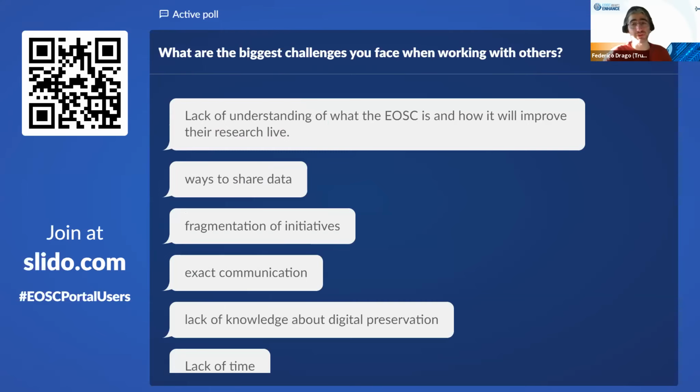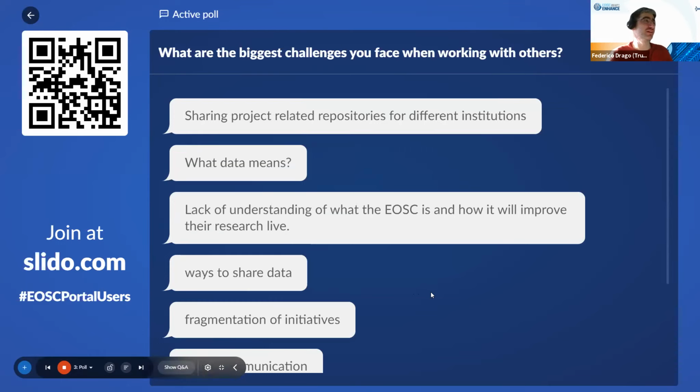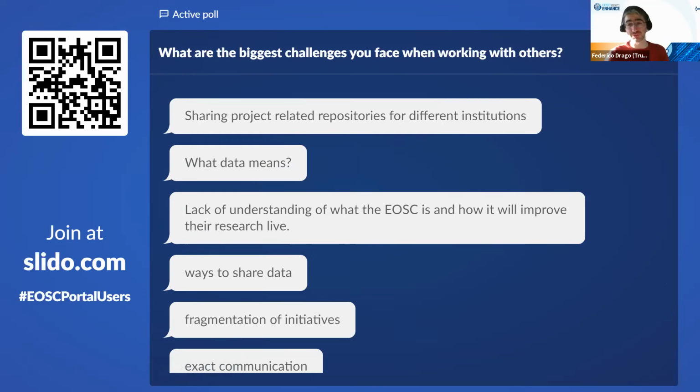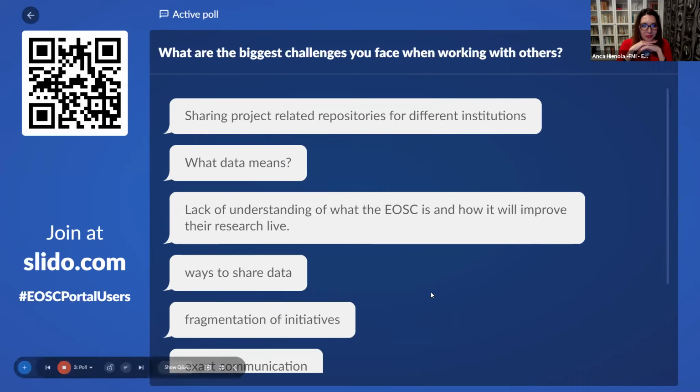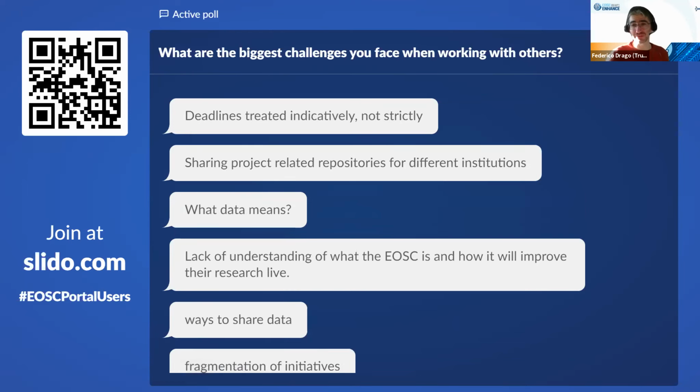We also see mentioned the fragmentation of initiatives. What does data mean? That's a good question. Sharing project-related repositories for different institutions. I think this is a matter of interoperability. That's a big one. Any other comments? I don't know if Anka, if you want to say anything about this specific question.